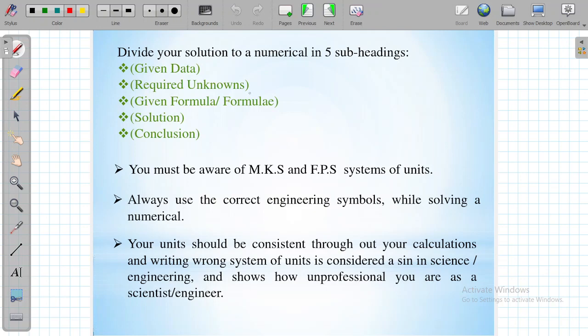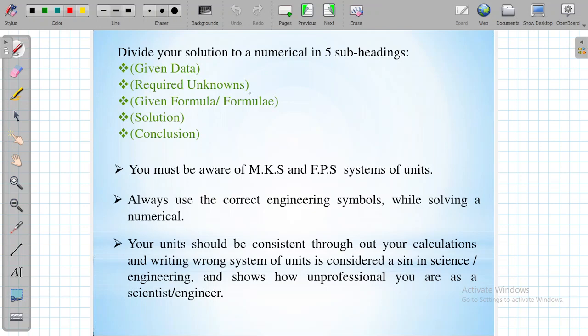Then, to solve for those unknowns, you chalk out and write the formulas you will use. This tells the examiner you know which formulas are correctly used. Then you explain your governing principles, assumptions and approximations, and then start the solution.